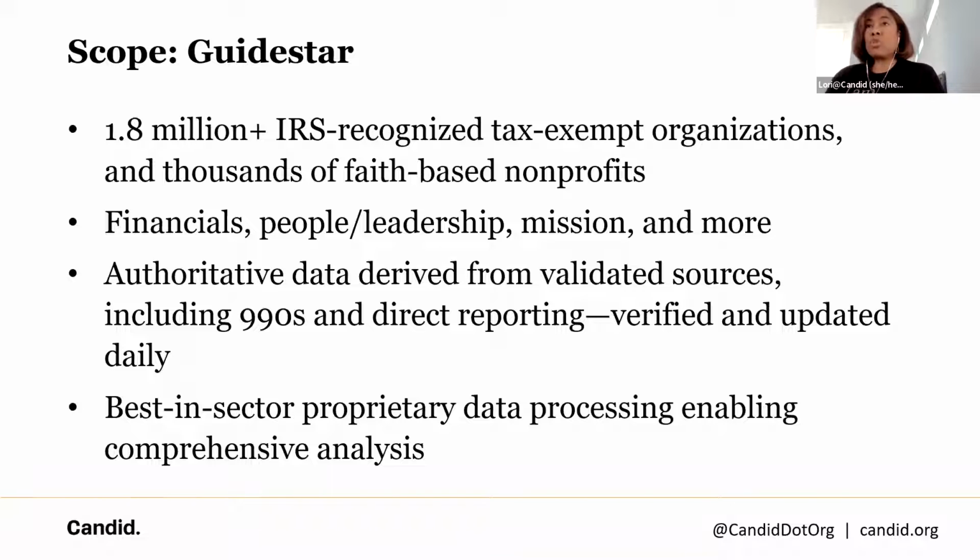So in addition to what we think of as nonprofits and charitable organizations, it includes things like political organizations, professional organizations, say like the American Library Association, chambers of commerce, and then religious organizations, faith-based nonprofits that are not necessarily 501c3. So it's not just nonprofits, it's any tax-exempt organization that's included in here.